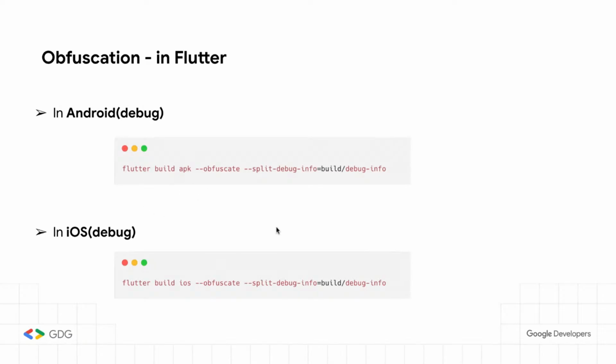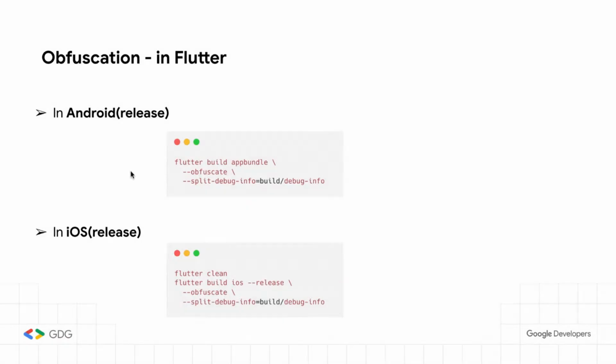So that is what this means. Any build commands that you use, just add the obfuscate flag, and that should compile and build the source code with obfuscated data. And in iOS, it would be the same, the obfuscate flag with hyphen hyphen and split debug info.